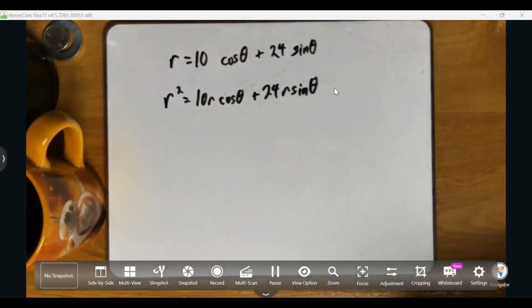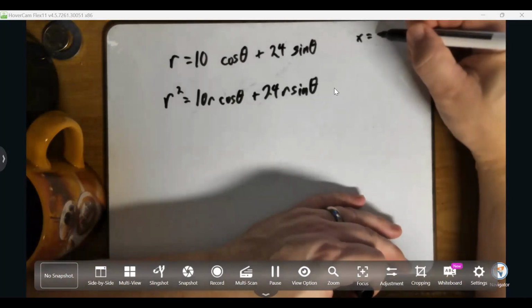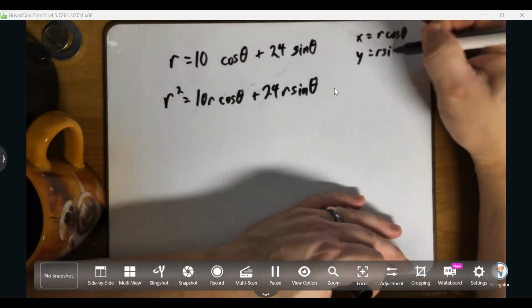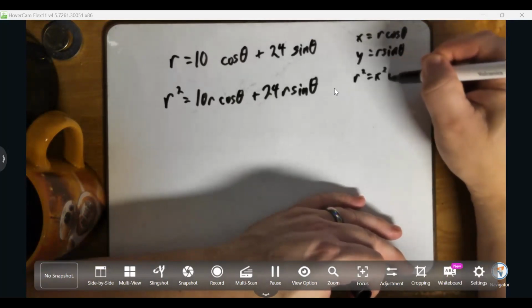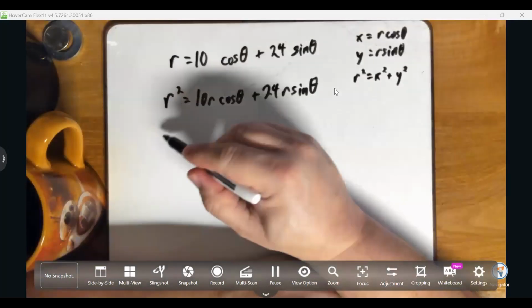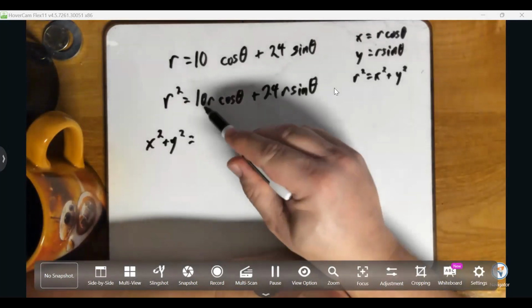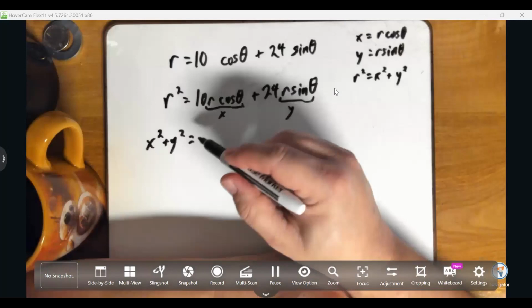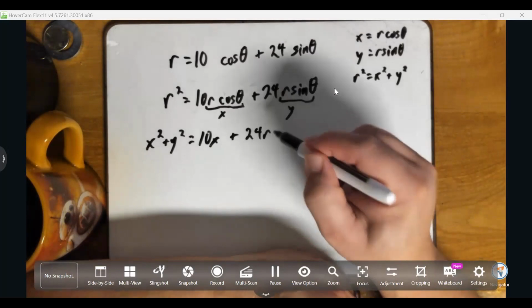One of the reasons we can do that is remember that x is r cos theta, y is r sine theta, and r squared equals x squared plus y squared. So the left-hand side is x squared plus y squared. r cos theta is x, r sine theta is y, and so this is 10x plus 24y.